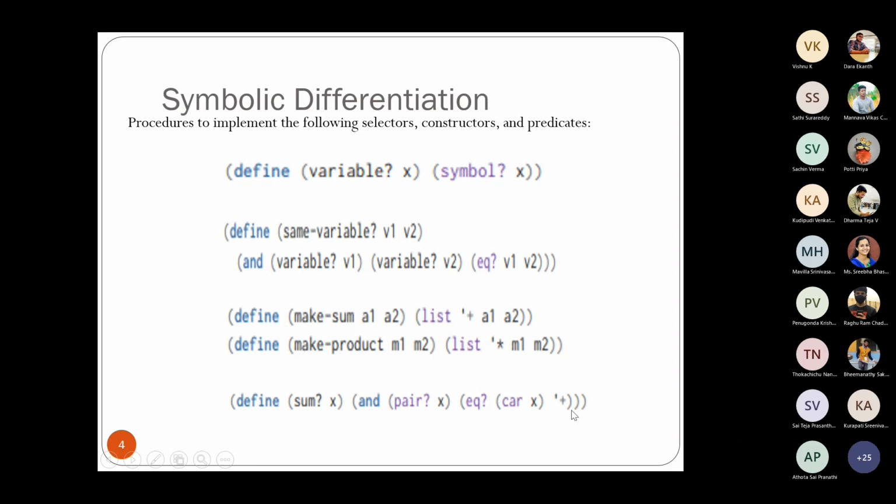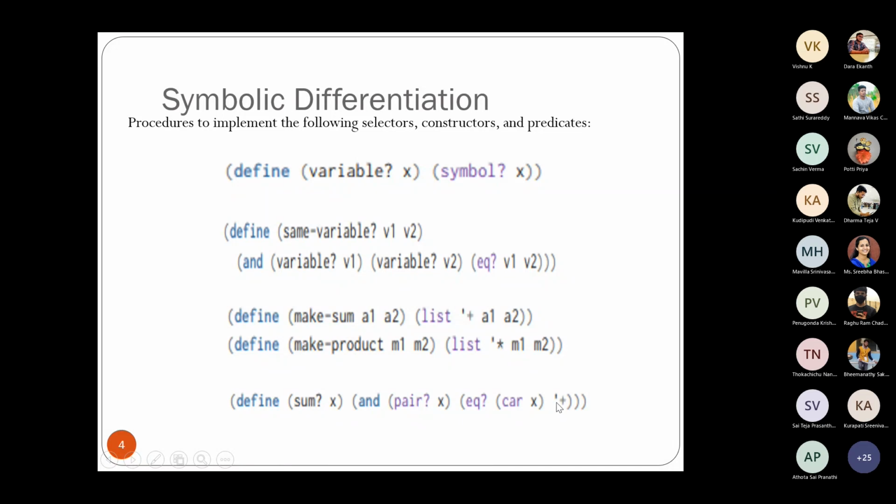Then you can conclude that it is a sum. So there are two conditions here. The given expression should be a pair for the sum, and the first element of the pair should be plus. So car x will give you the first operator, and you check whether that operator is equivalent to the plus symbol or not.